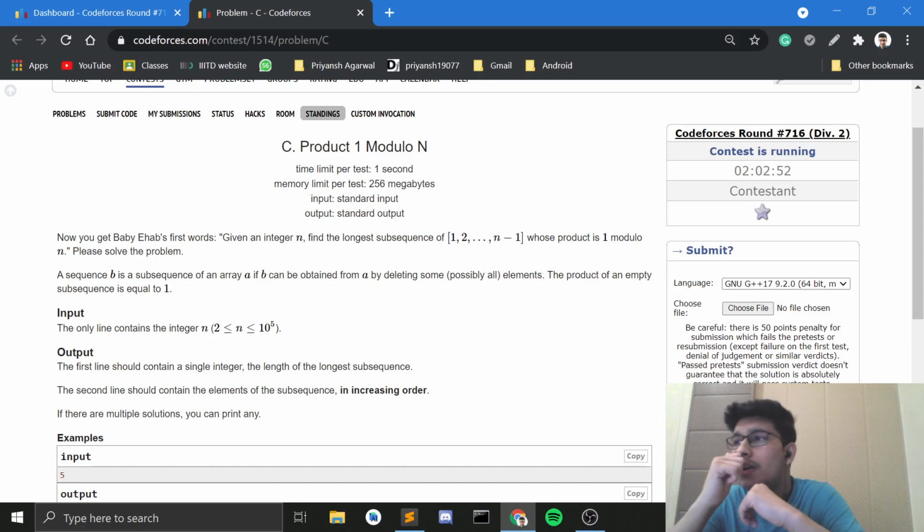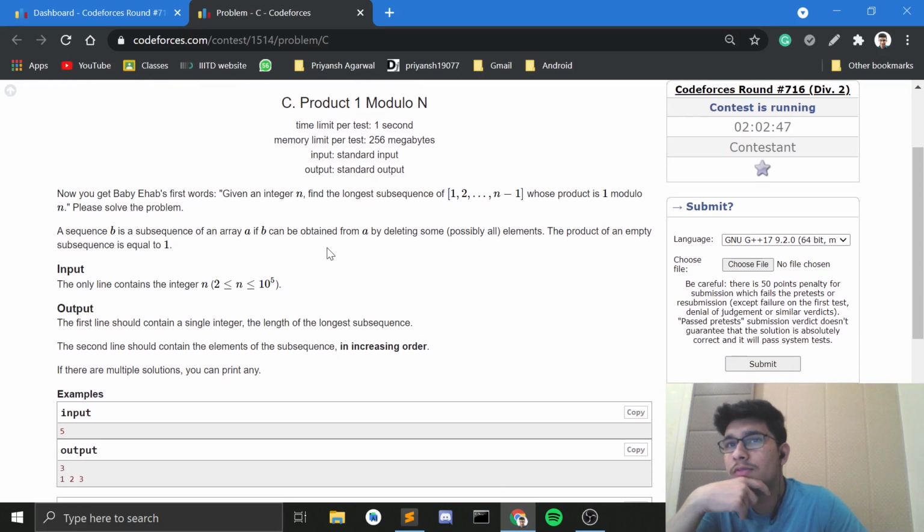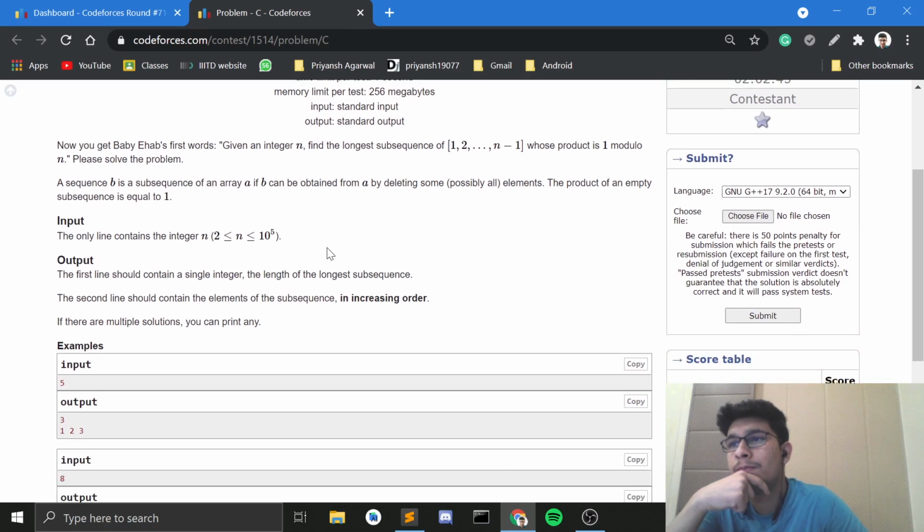Okay, we need to find a subsequence from this, whose product is 1 modulo n.